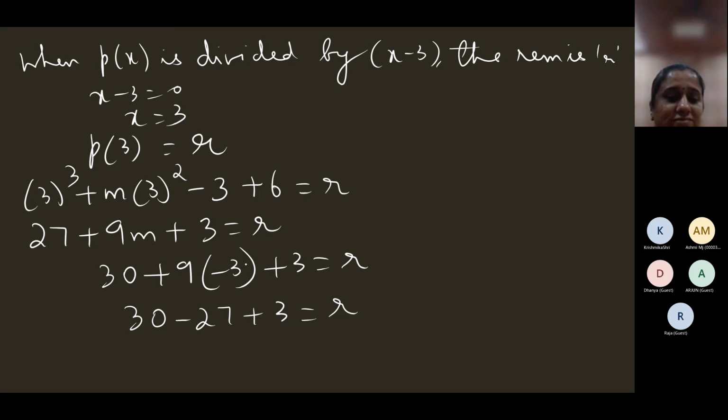Ma'am, I only made a mistake, ma'am. Okay. Actually 30 plus 3 is 33. Yeah. 33 minus 27 is 6, no? Yes, ma'am. I didn't see that 3 you have. Okay. So r is equal to 6. The value of r is 6.